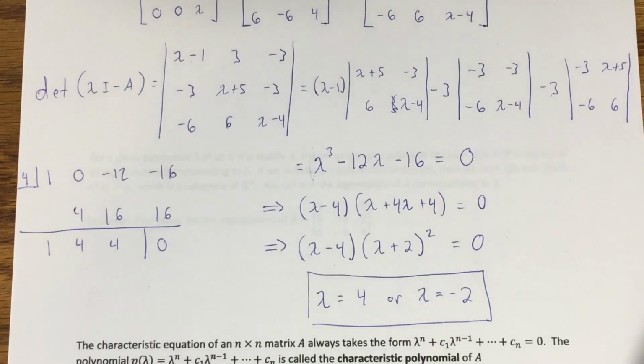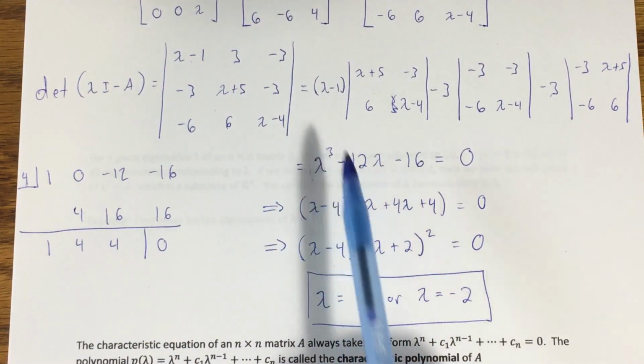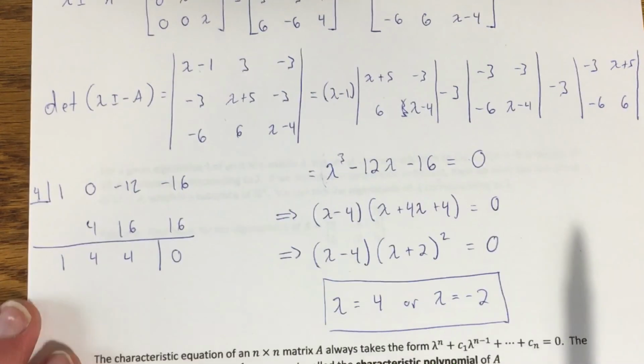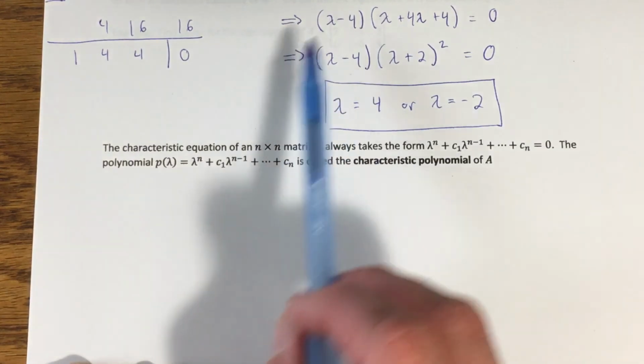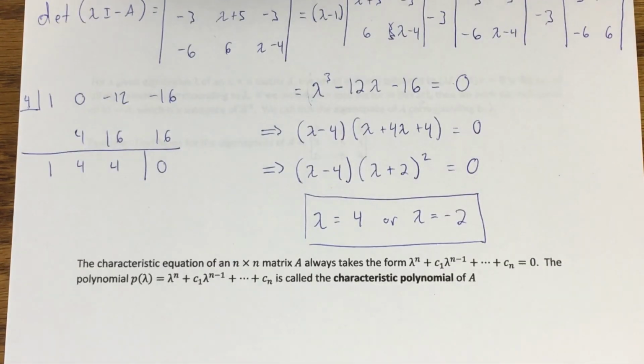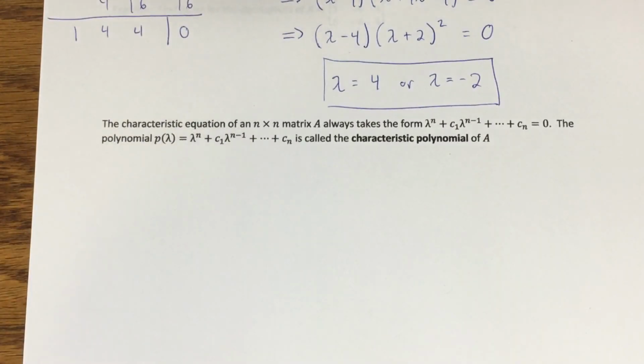Notice we were dealing with a 3 by 3 matrix, and what I ended up with was a monic third degree characteristic polynomial. So if you haven't solved big polynomial equations in a while like this, using the rational root theorem or other techniques, this is the time when you really need that. We'll do more with this idea in the next video.